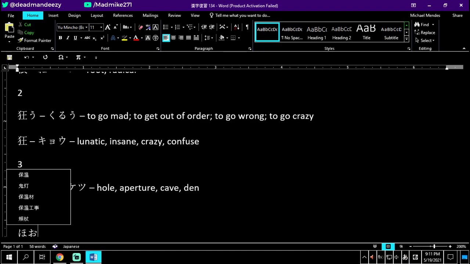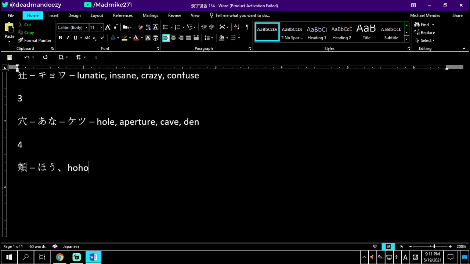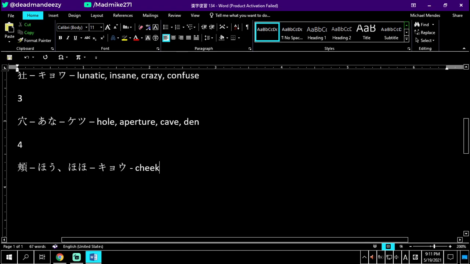Kunyomi hoho, onyomi is kyo, another kyo. And this means your cheek, specifically your cheek. On the right side, we have a page or leaf, and on the left side, let's look up that radical. It has 6 strokes on it.